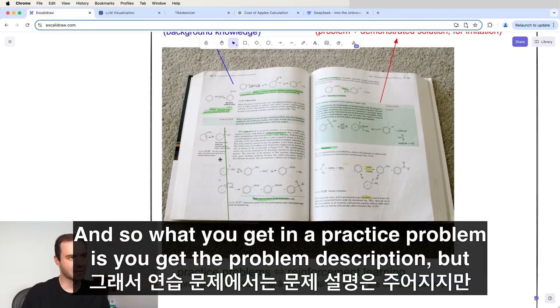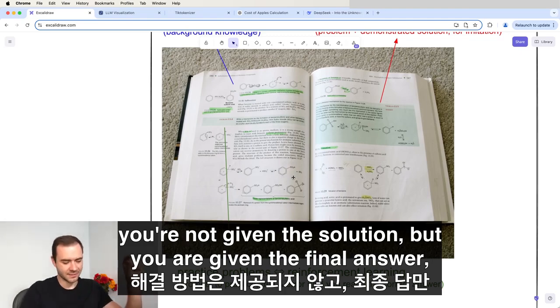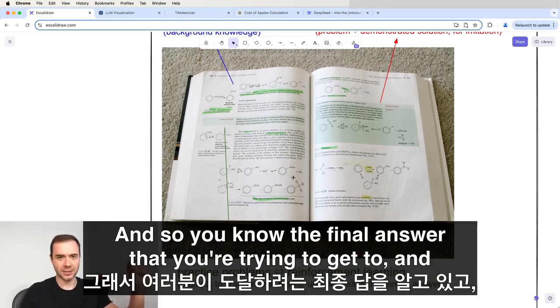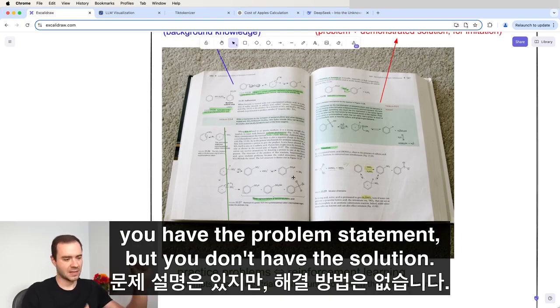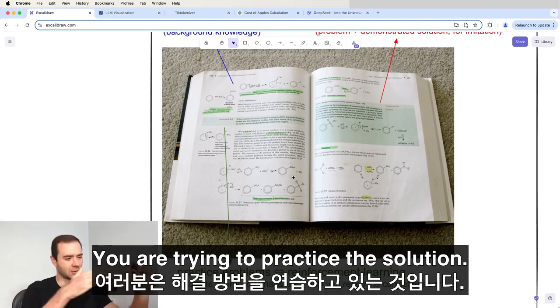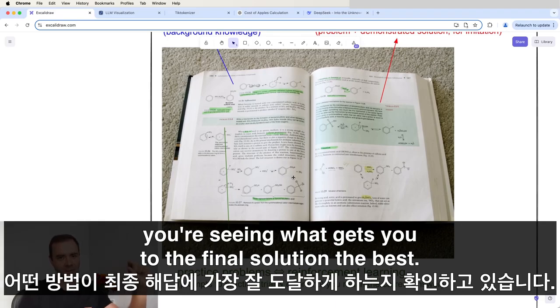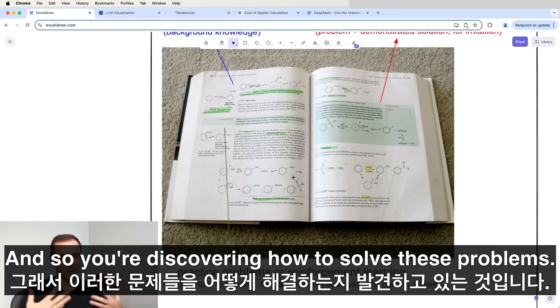In a practice problem you get a problem description, but you're not given the solution. You are given the final answer, usually in the answer key of the textbook. So you know the final answer you're trying to get to, and you have the problem statement, but you don't have the solution. You're trying out many different things, and seeing what gets you to the final solution the best. And so you're discovering how to solve these problems.